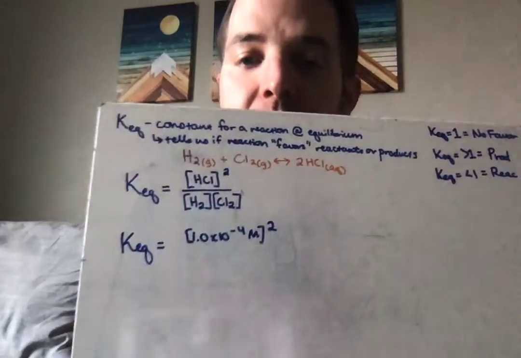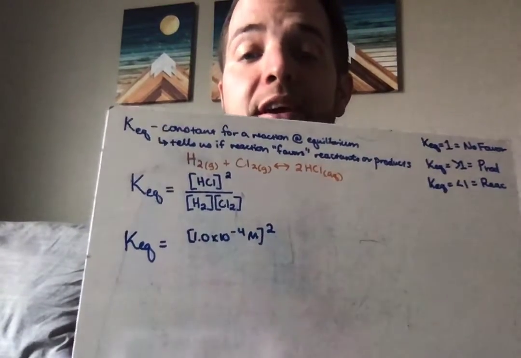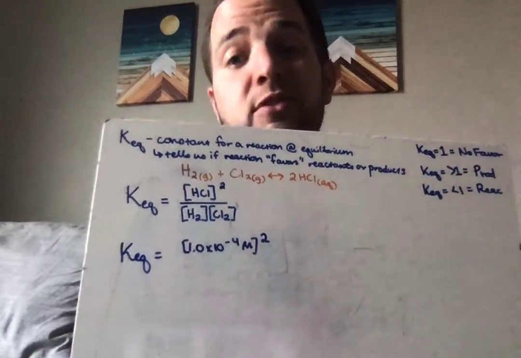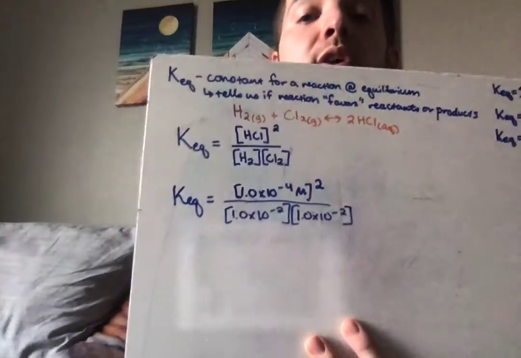So the concentration of HCl is 1.0 times 10 to the negative 4 molar, and then that is squared, because it has a 2 in front of it in the equation. So it's squared in the expression, and I'm going to square it. Then I'm going to divide that by 1.0 times 10 to the negative 2, the concentration of hydrogen, and 1.0 times 10 to the negative 2 again, because that is the concentration of the chlorine.